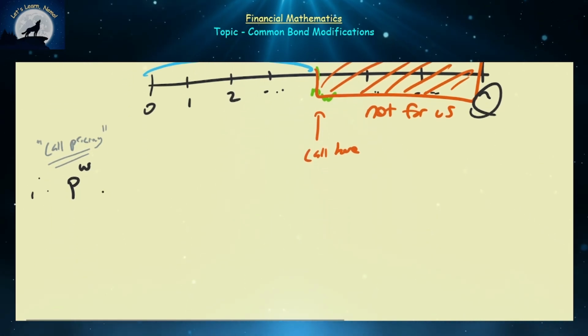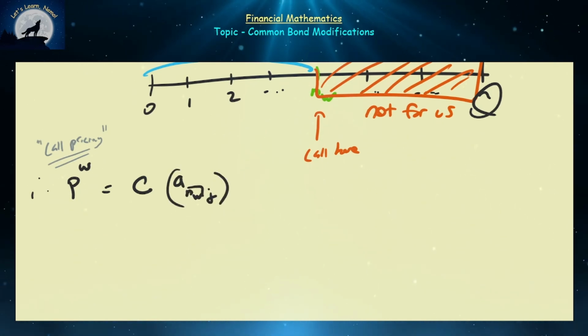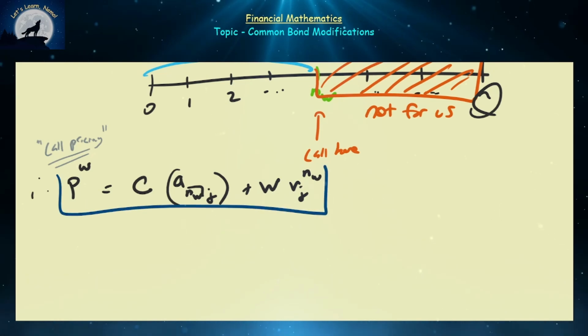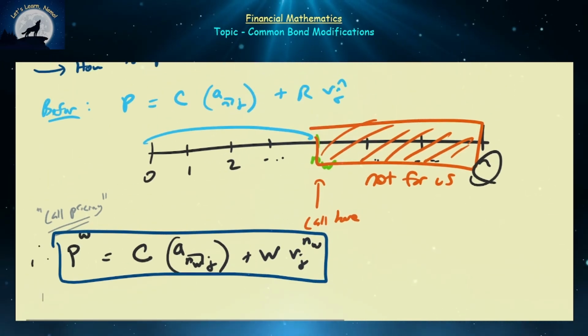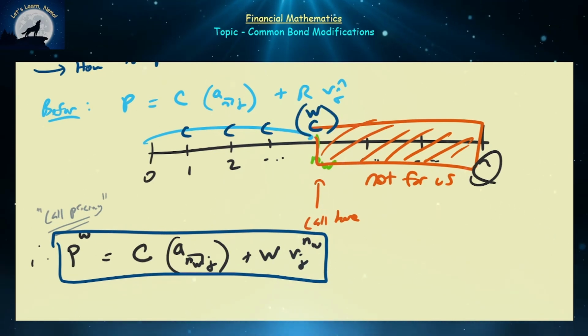And this is going to be equal to C, our coupon payments, provided that they're fixed, but they don't need to be. And then this is going to be a_NW at j, and then plus W times nu_j to the power of NW. So that would be our value, where our coupon payments are C, C, C, C, and W is the amount you pay at time t equal to NW.